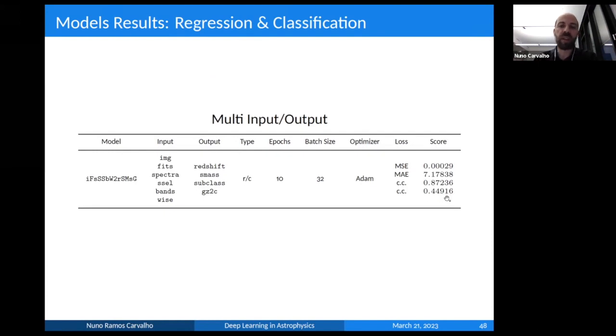Of course, we still have that problem with the subclass, but the other three outputs are very in line with the best results we had for the other models. So that intuition that there's a common mapping, the network has captured this common mapping between these things. Of course, this needs a more detailed analysis, but this is a very promising result.